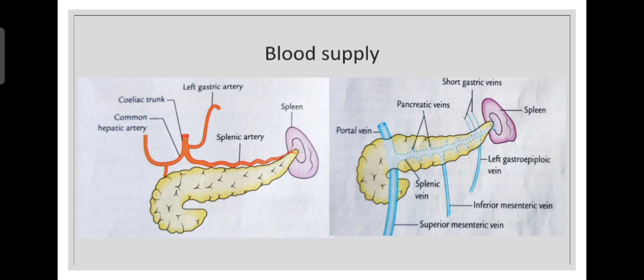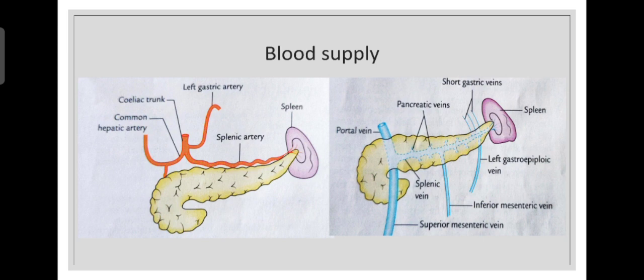So it is tortuous, so that the blood supply is possible even when the stomach enlarges. Also with respiration, the spleen slightly moves up and down, and this movement should not hinder the supply of blood to the spleen. Hence the tortuous course.